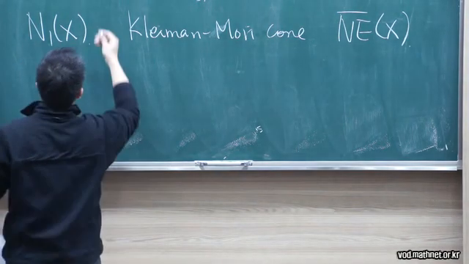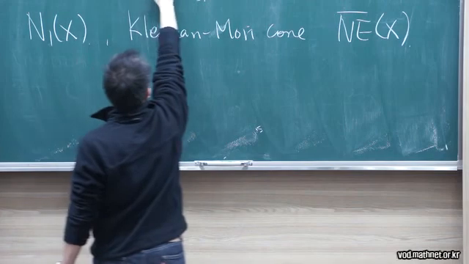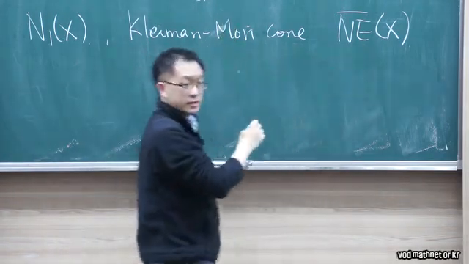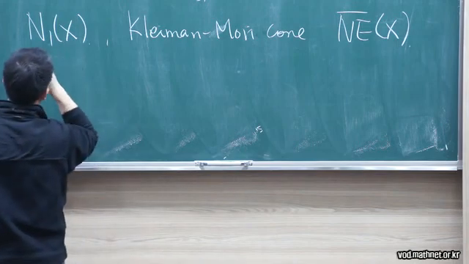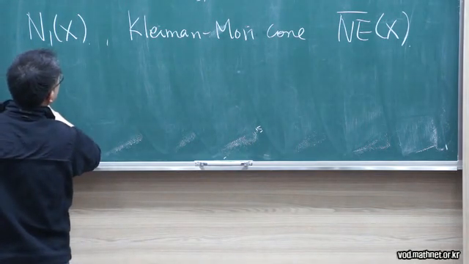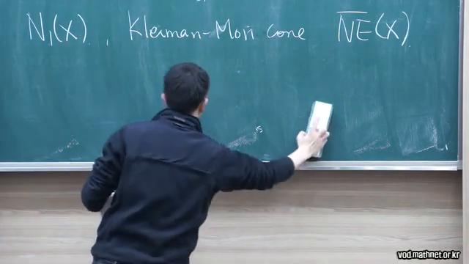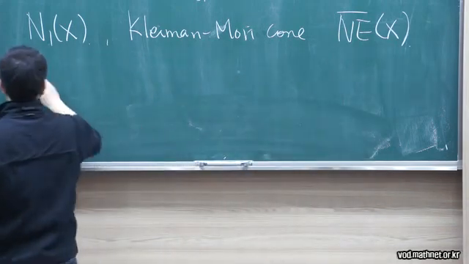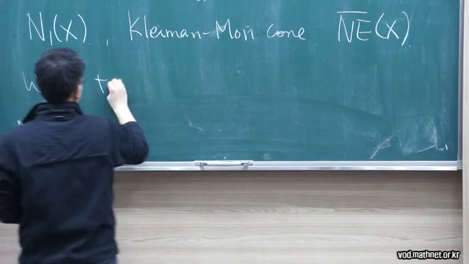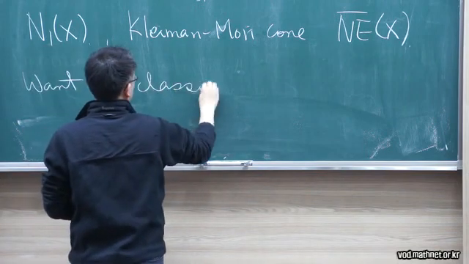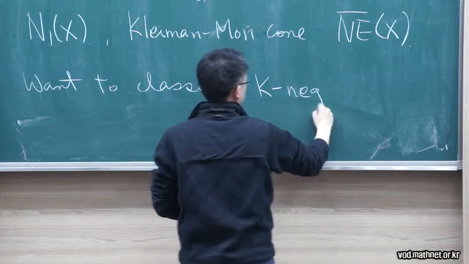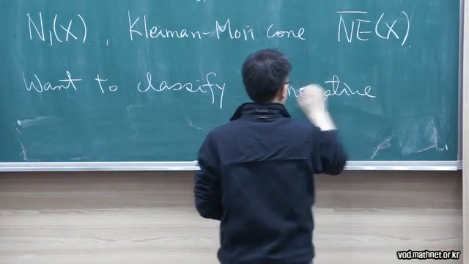And so instead of classifying K negative curves, we want to classify K negative extremal rays.